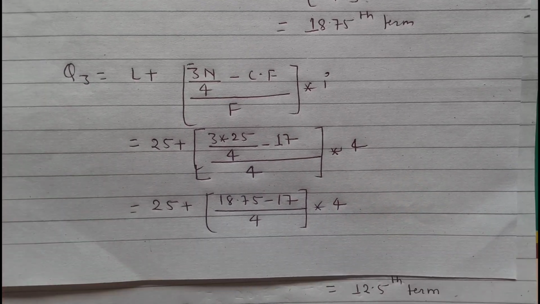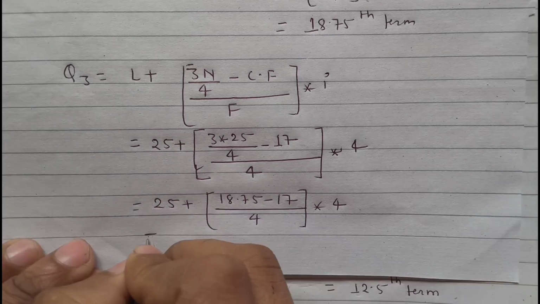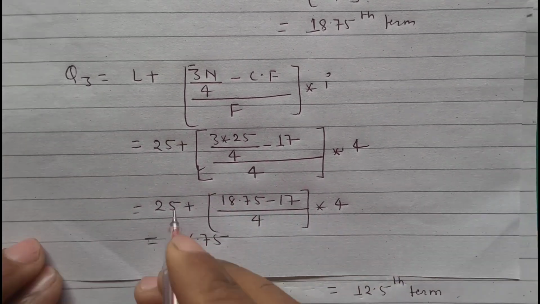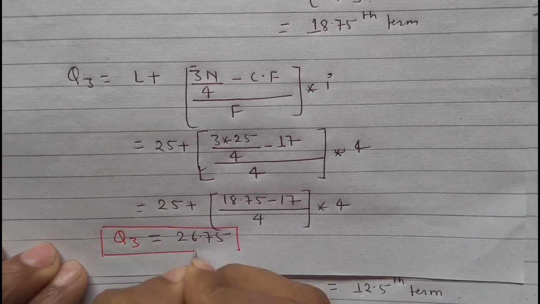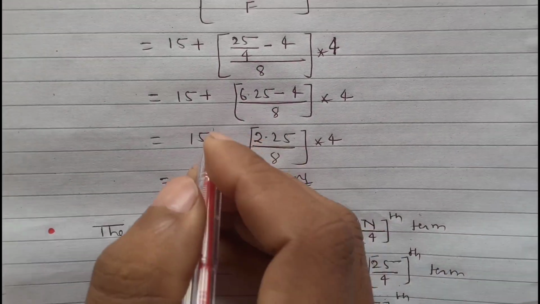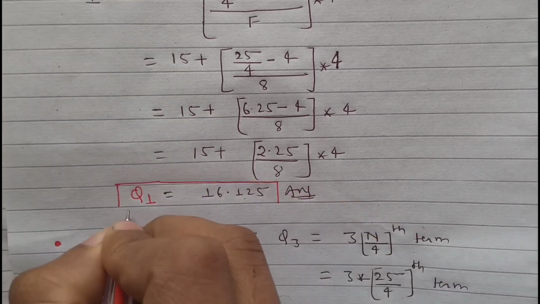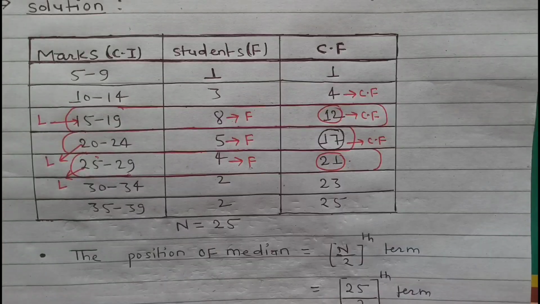So after solving this, we get the value of Q3, 26.75. So remember, this one is the value of Q3, 26.75, and the data above is the value of Q1. Just remember.